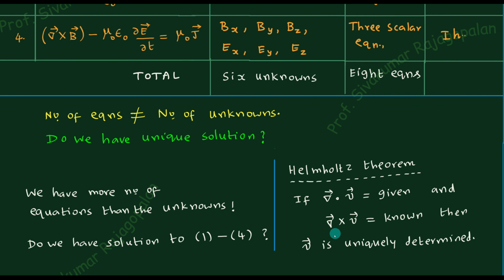What is enough is that, provided you have the divergence and curl, these quantities uniquely determine the vector, which you can easily see. I will write down that this is clearly visible from the Maxwell equations.